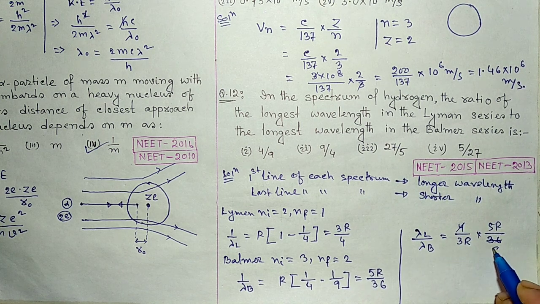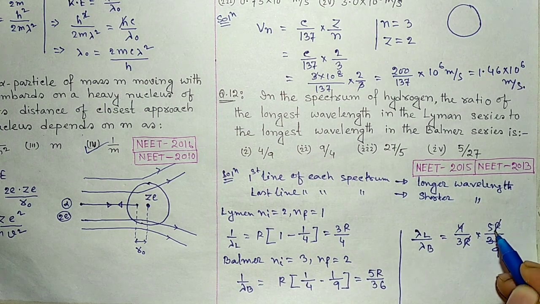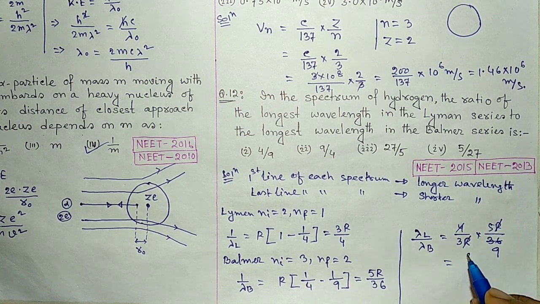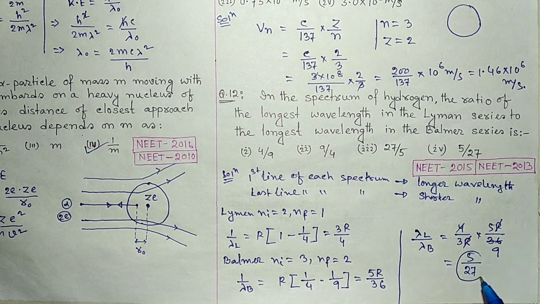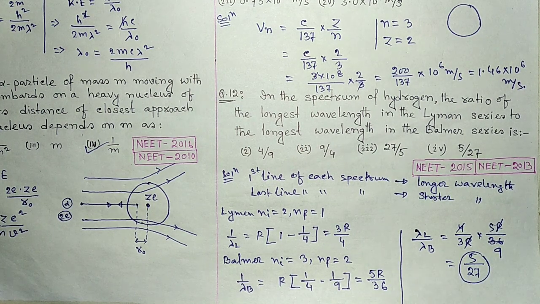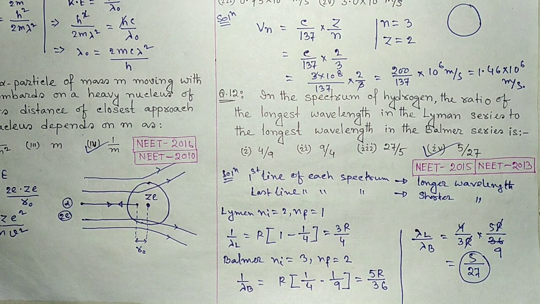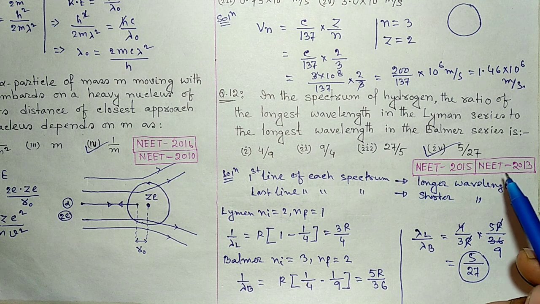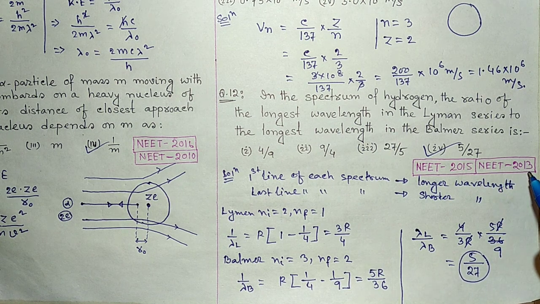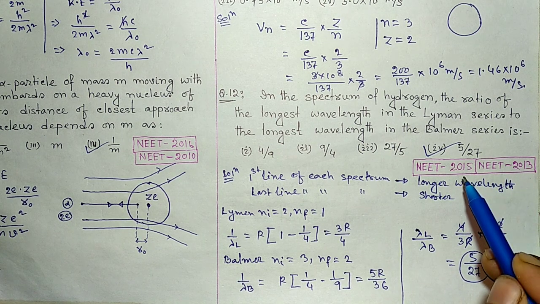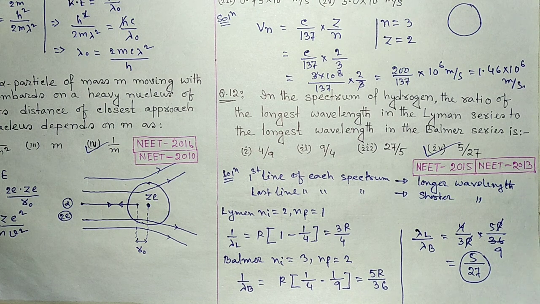The 4 with 36 gives 9, R cancels, so it will be 5 by 27. So our answer is 5 by 27, and option 4 is the right answer. This question has also been repeated in NEET 2013 and 2015. Thank you.